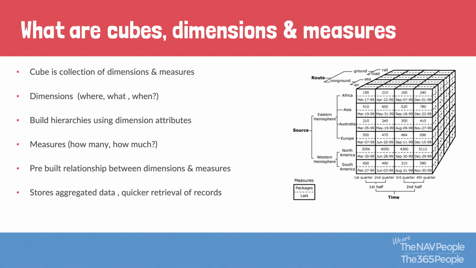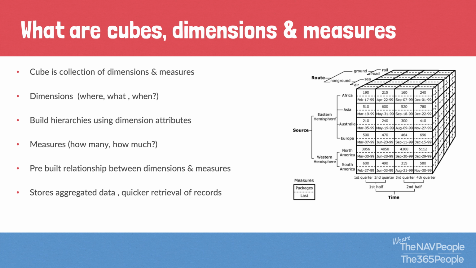So before we go into Jet Analytics, because Jet Analytics is a data warehouse automation tool, now what is a data warehouse? Data warehouse means collecting all the data which you are going to report on and building a cube out of it. So what is a cube? A cube is basically a collection of dimensions and measures.